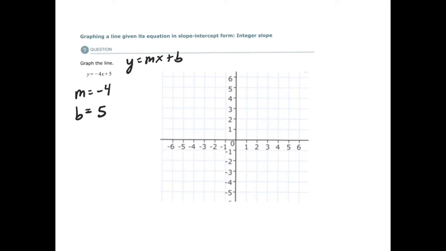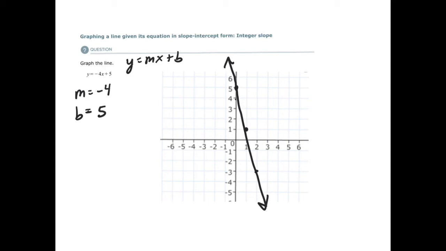Alright, so we're going to start with the intercept, which is 5. Go down 1, 2, 3, 4 over 1, down 1, 2, 3, 4 over 1. And then you get your line.